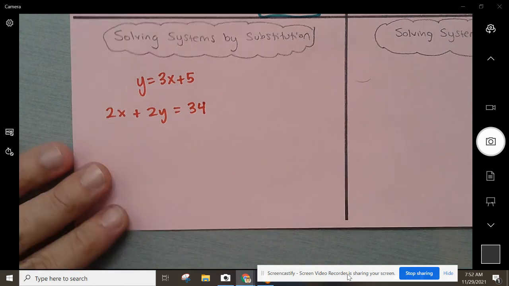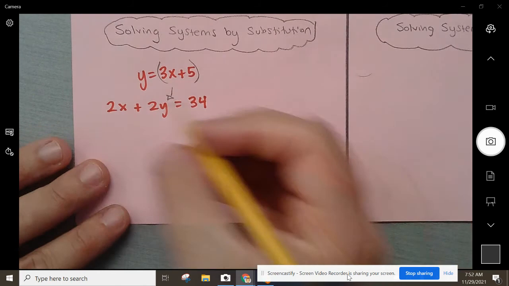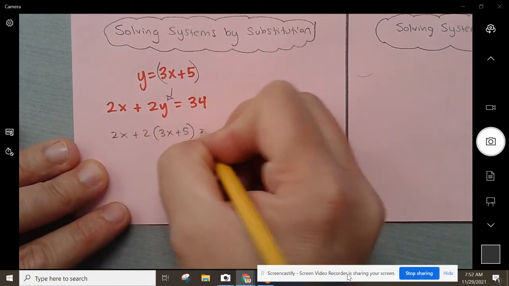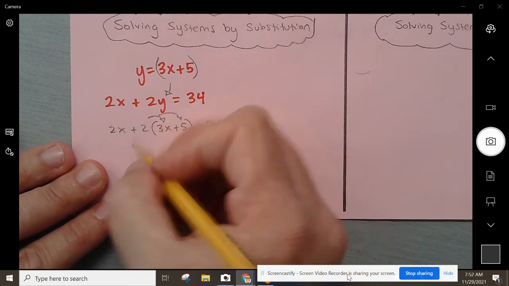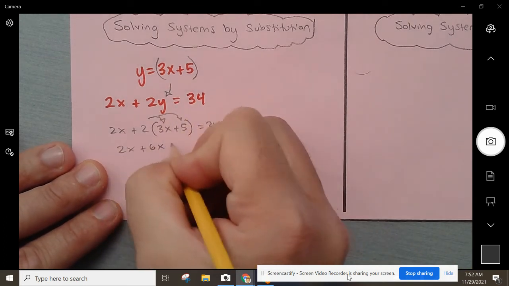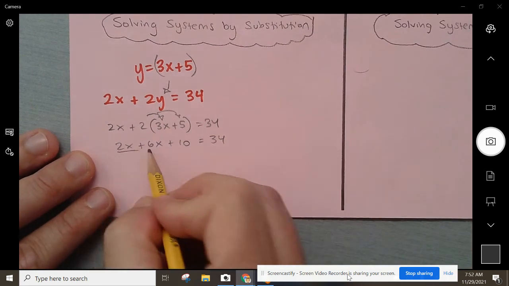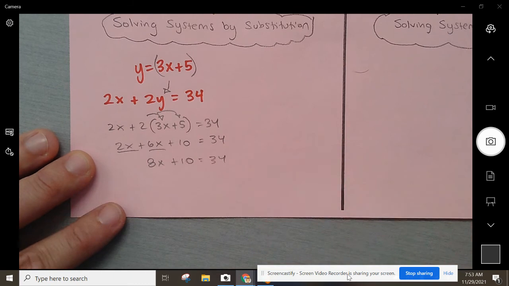Now, as you do that, remember, this has to go right here. So you have 2x plus 2. Then you distribute. You have 2x plus 6x plus 10 equals 34. Combine like terms. Equals 34.